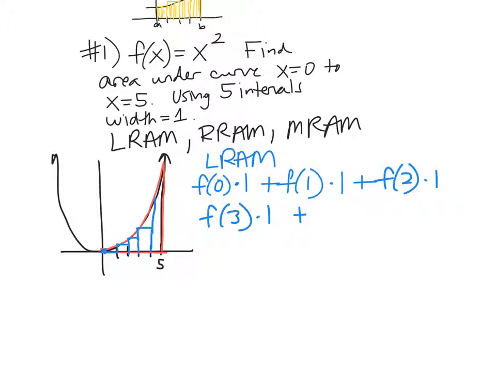And then finally, F of 4 times 1. Okay? Is it always going to start at F of 0? For L, well, it'll always start at, so this went from 0 to 5, and if I'm doing LRAM, it'll start at 0. Like if I was going from 2 to 8, LRAM would start at F of 2, because it's the left side. And I'll show you how to do the other one in just a minute.